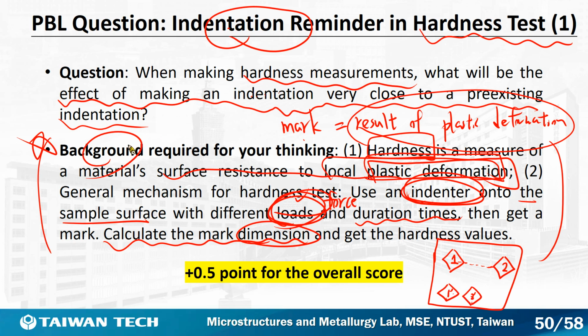For example, for the first one, you get 100 HV. This is the unit for hardness, Vickers hardness. Then the second one will be higher than 100 HV, maybe 112 HV, because the region near the first one has been hardened by the strain hardening mechanism.